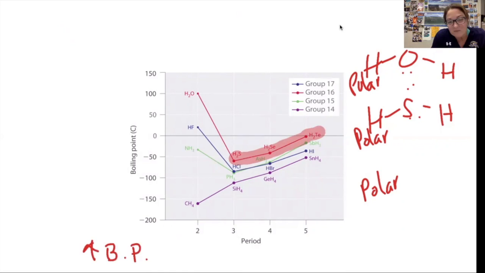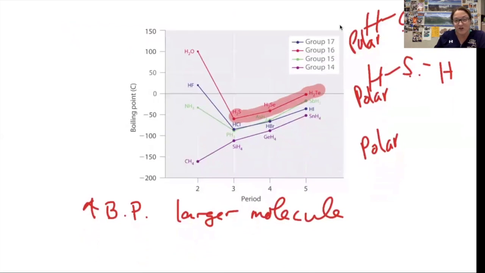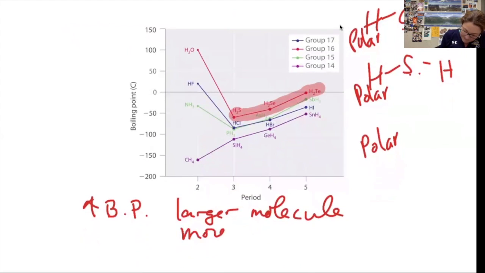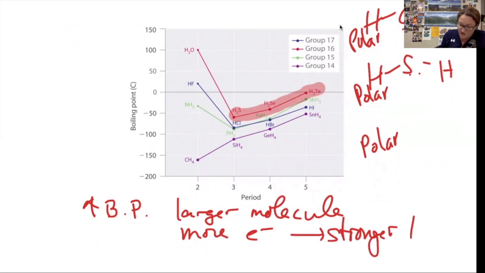And that increase in boiling point doesn't have anything to do with the dipole-dipole force. But as we're getting a larger molecule, that larger molecule has more total electrons, which is giving us a stronger dispersion force. And that stronger dispersion force, or LDF, is what's giving rise to a higher boiling point.